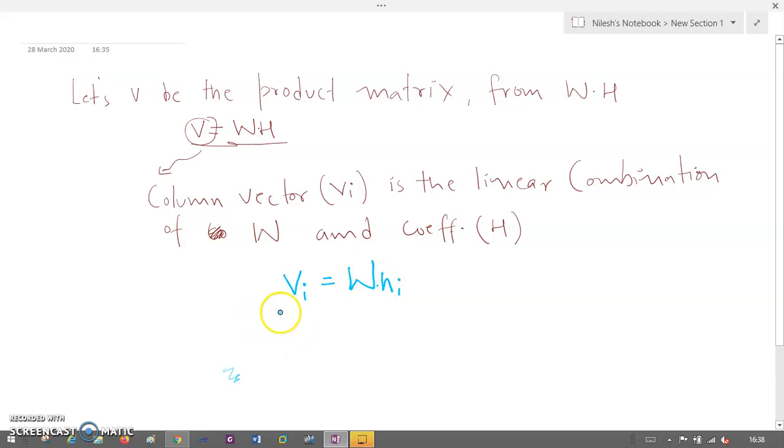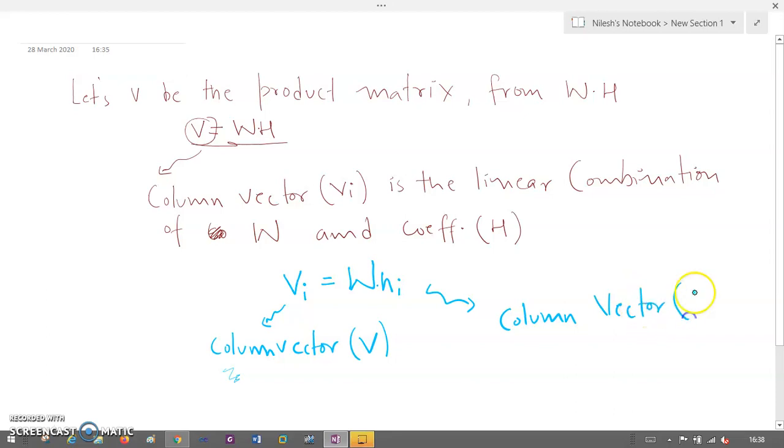Okay, and you can see this is the ith column vector for V, and H of I is the column vector of H. So if this is the V, then all these columns are nothing but V of I. So this is V of 1, V of 2, V of 3.